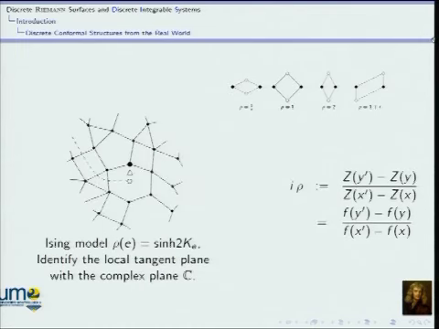And actually, where it came from, as far as I am concerned, is from statistical mechanics.